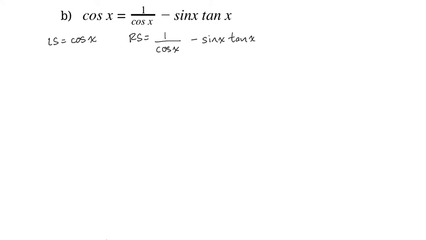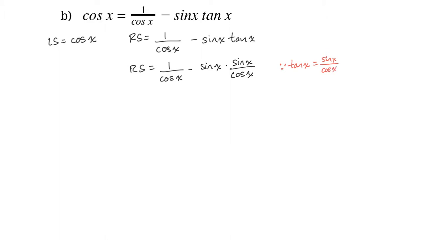And we have a tan x there, so we can switch that in terms of sine and cos. So our right side is just going to be equal to 1 over cos x minus sine x times sine x over cos x. And we can make that substitution since we know that tan x is equal to sine x over cos x.